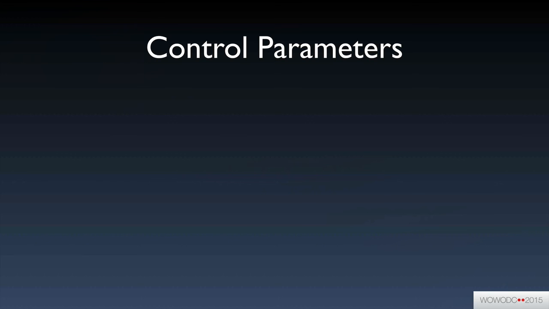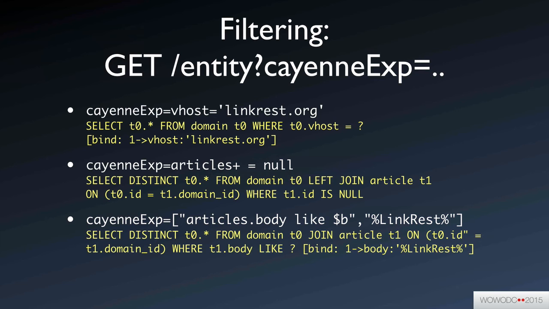Okay, so control parameters. This is the most interesting part of the protocol. If you think of it, the resources in LinkRest, they're not action-based, so they're real, true REST resources. The resources are URL that corresponds to an entity. So resources are URL that corresponds to a domain, for instance, or an article, and it means all domains in the database.